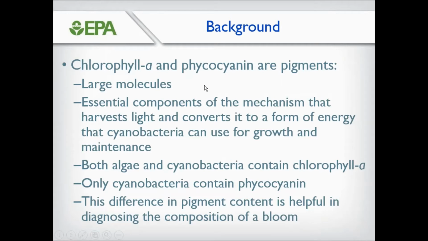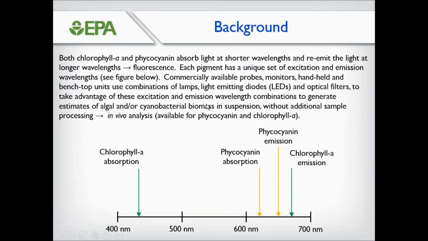They give cyanobacteria their distinctive color, and they're also essential components of a mechanism that harvests light and converts it to a form of energy that the cyanobacteria can use for growth and maintenance. Both algae and cyanobacteria contain chlorophyll, but only cyanobacteria contain phycocyanin. This difference in pigment content is really helpful when you need to diagnose the composition of a bloom.